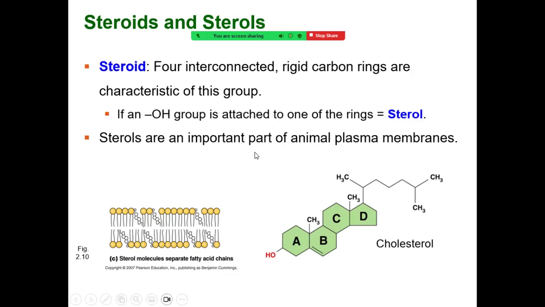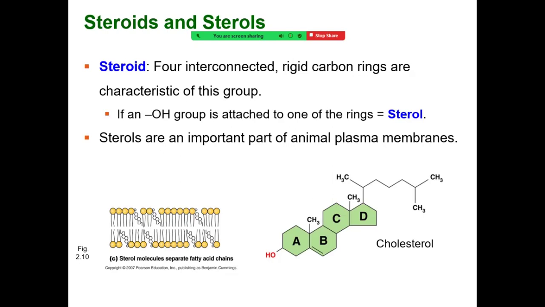Sterols are an important part of the animal plasma membrane, where we have cholesterol, which is a sterol. In fact, that's shown here. It's inside the cell membrane. So we do have phospholipid molecules in our membrane, and it is the main molecule, but we also have cholesterol. And the purpose for cholesterol is to give strength to the cell membrane.